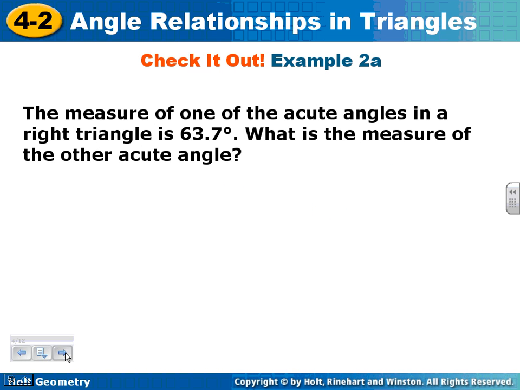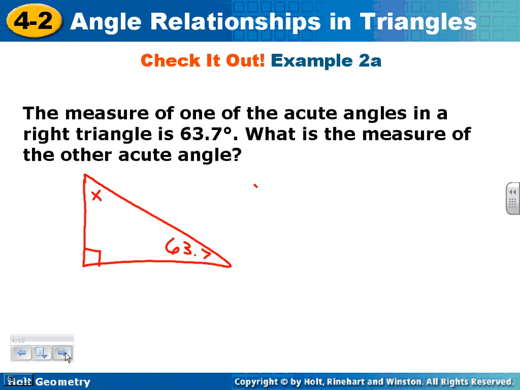Look at the next one. This one reads, the measure of one of the acute angles in a right triangle is 63.7. Let's draw this. Right triangle. Let's say, just pick one, 63.7 is that one. The question is, what is the measure of the other acute angle? Let's call that x.